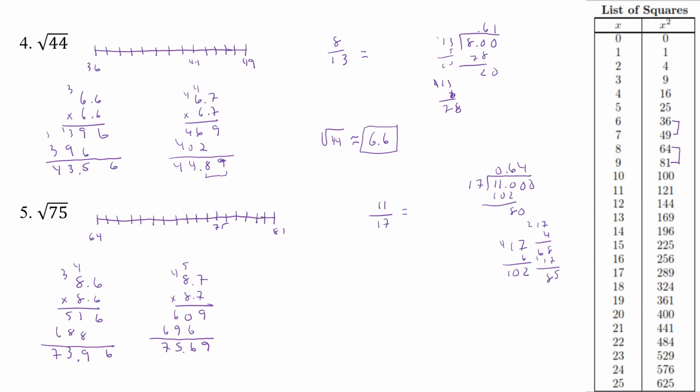So now if we take and subtract that, that's going to give us 0.69 over. This one is going to be 1.04, and so it really looks like 8.7 is going to be the better number of the two as far as the rounding. So I'm going to say the square root of 75 is approximately 8.7 to the nearest tenth.